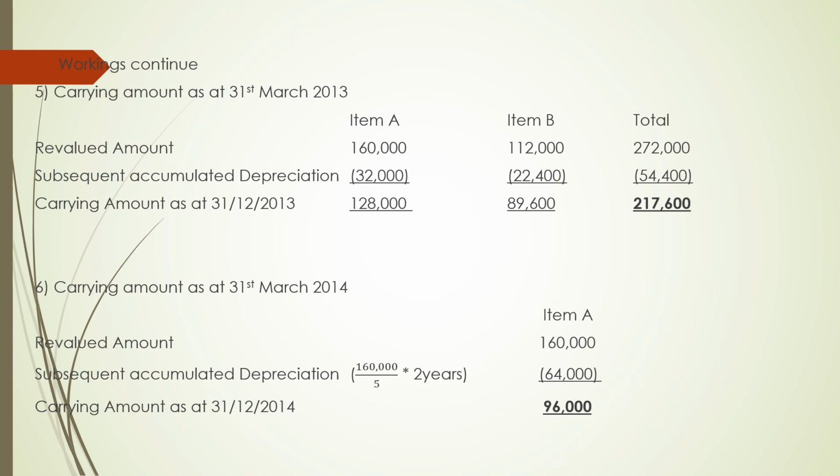$128,000. And then for item B, it was revalued at 112,000, and then we had an accumulated depreciation at that period of 22,400. So when you subtract the depreciation from the revalued amount, you will arrive at 89,600, right?